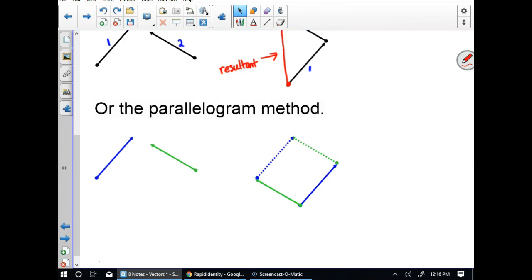So you make a parallelogram out of that. And then the resultant, if you use parallelogram method, is from the common starting point to the common arrows at the end. So this would be your resultant.